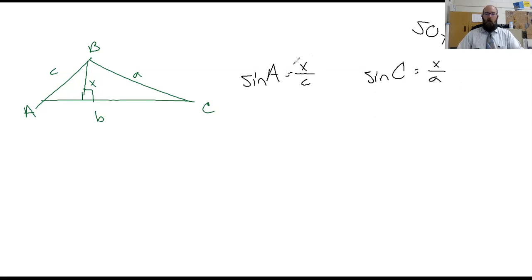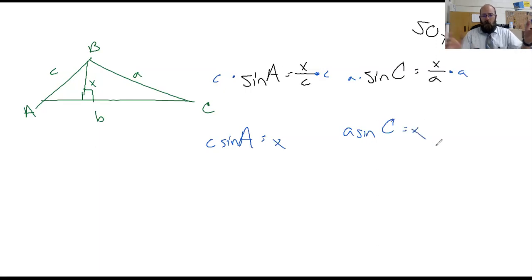Now, x in both of these is the exact same side, so let me solve for that. So on the left one, I need to multiply by c. On the right, and on the left side, multiply by c. So now c sine A equals x. And on the right side, I'm going to multiply by a. So now a sine C equals x.